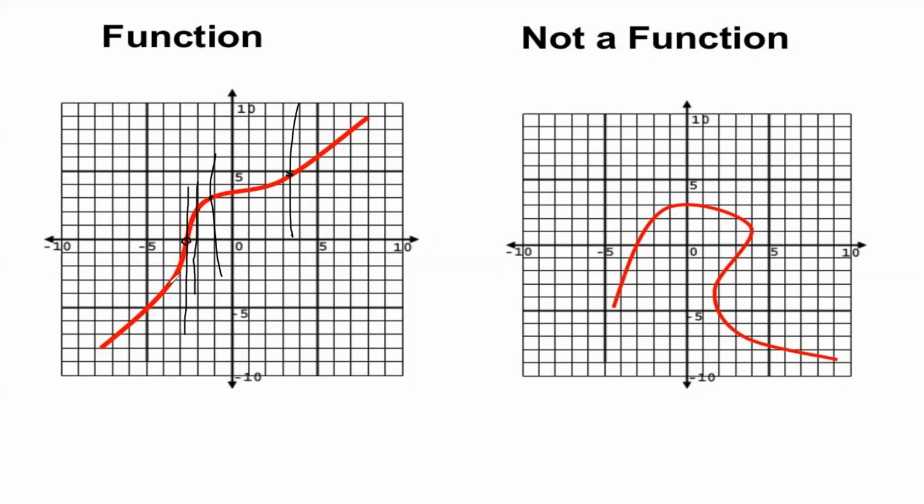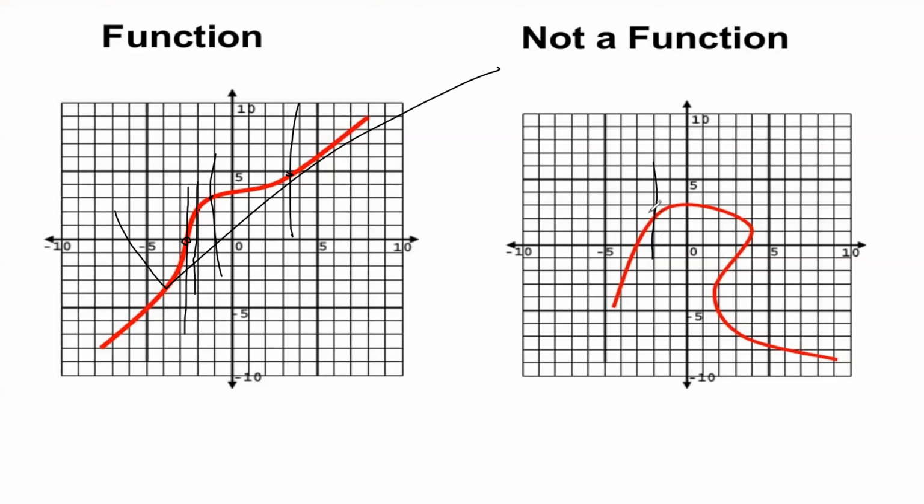As you observe, our vertical line intersects our graph in just only 1 point. So therefore, this figure or this line is a function. Check.